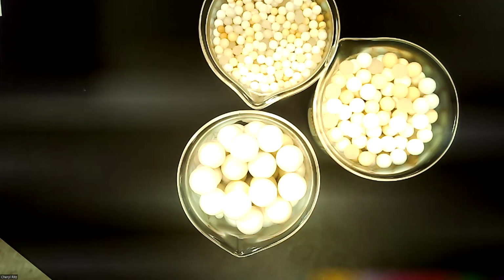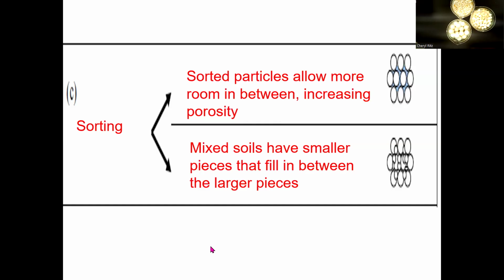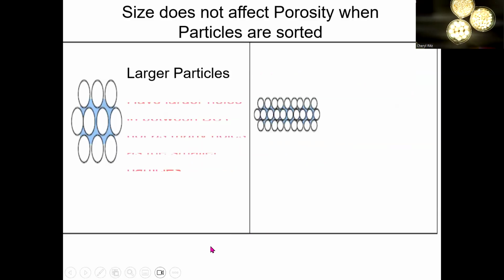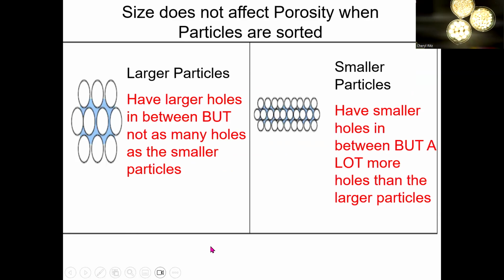So lots of tiny holes, a few really big holes. So what conclusion can we draw from this? Okay, you could say it that way, or you could say, guys, who's ready for it? Size does not matter when talking about porosity.